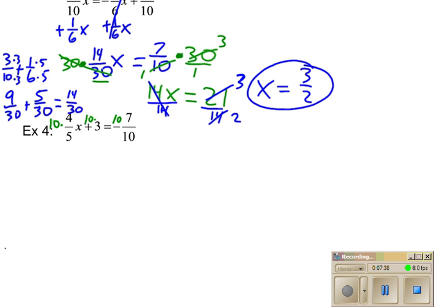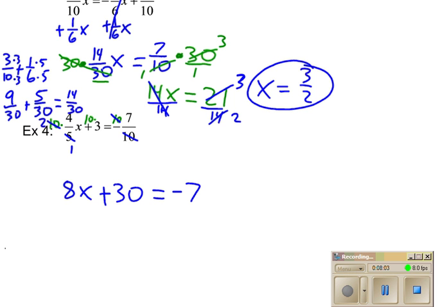If I do some easy reducing here, I can divide both of these by 5. So that would be 2 times 4, which is 8. So 8x plus 10 times 3 is 30. And these 10s divide out, they cancel, so it's going to equal -7.